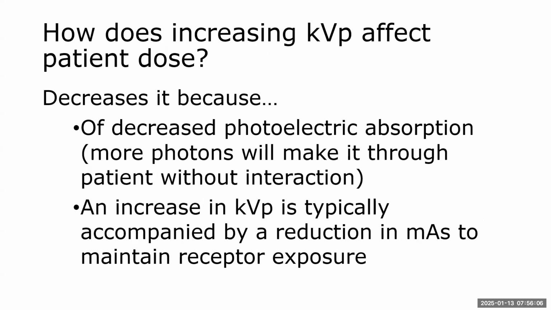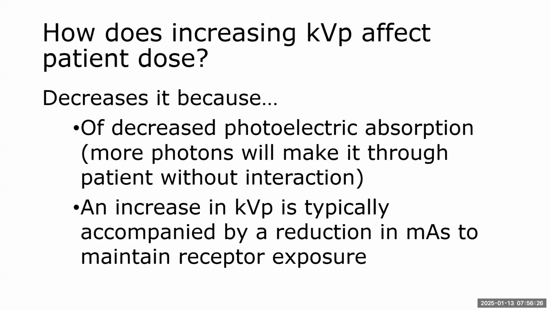So generally, how does increasing the kVp affect the patient's dose? Generally, it's going to decrease, and that's based on a couple of things. Because of the decreased photoelectric absorption, meaning more photons are going to make it through without interacting when we have higher kVp.